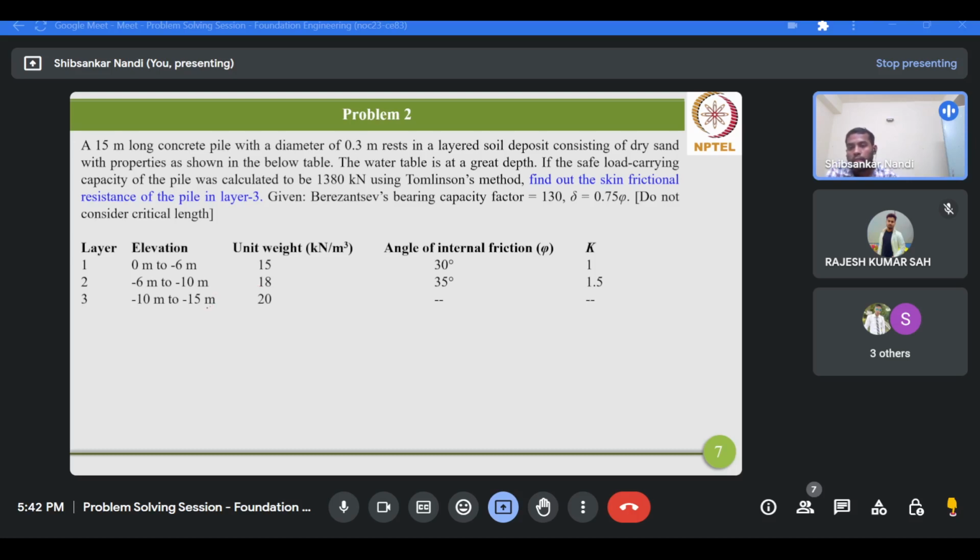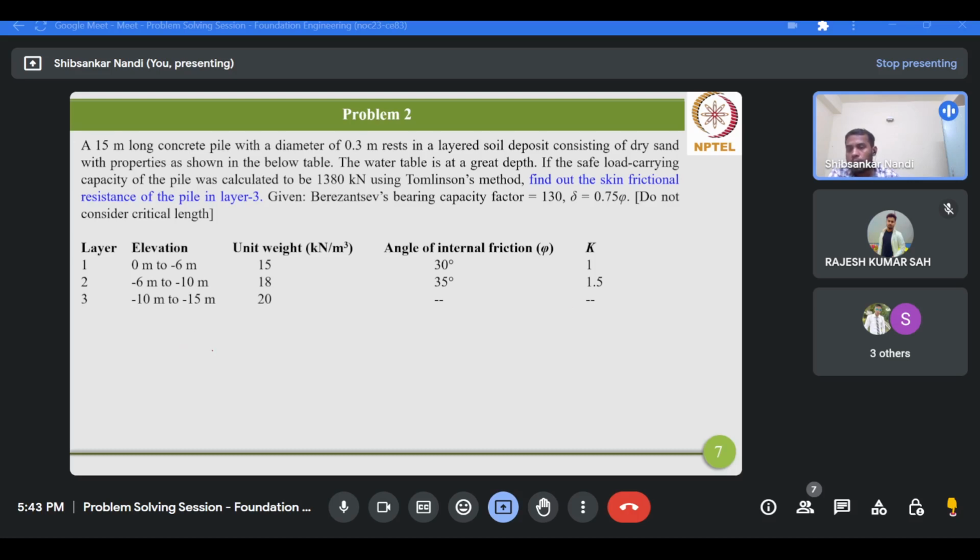The third layer has a thickness of 5 meter and unit weight 20 kilonewton per meter cube; the angle of internal friction and earth pressure coefficient are not given. That's why we have to calculate the frictional resistance contributed by this layer using the safe load carrying capacity of the pile.